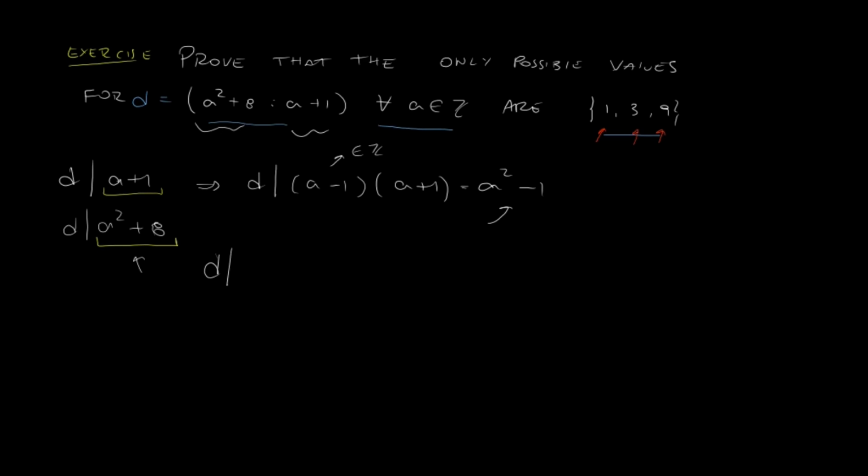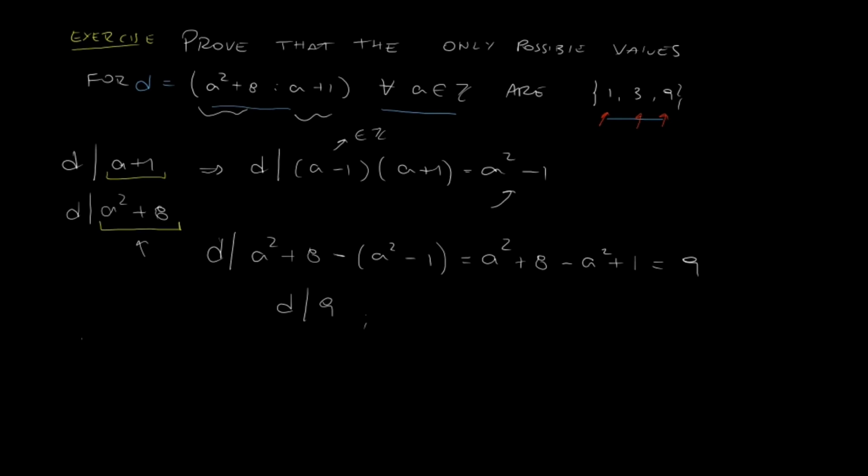So d will divide a squared plus 8 minus a squared minus 1. This is a squared plus 8 minus a squared plus 1. And this equals 9. So d divides 9.